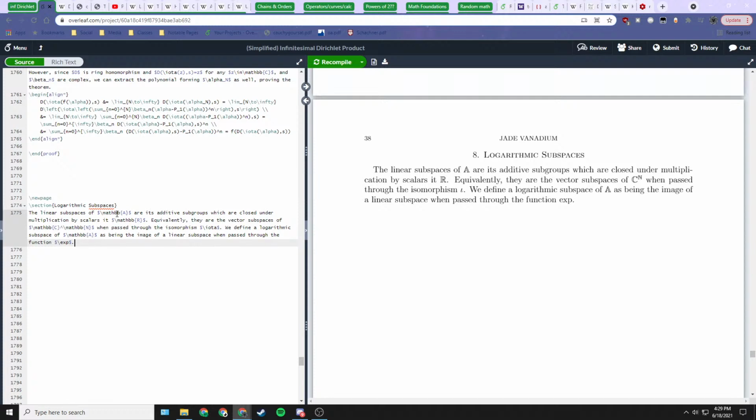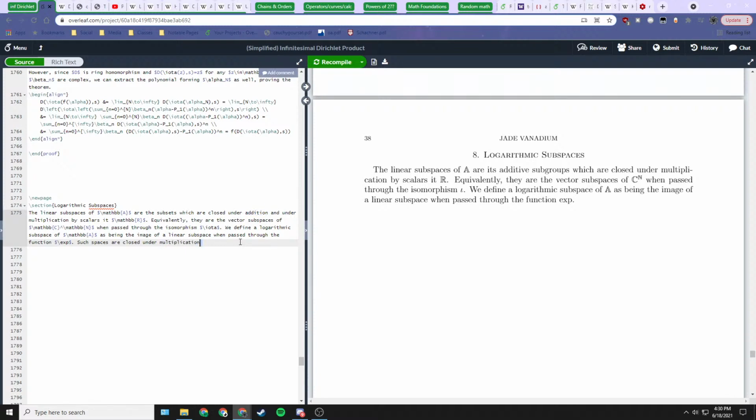Since a logarithmic subspace is just the image of a linear subspace through the natural exponential function, equivalently, in a similar sense, such spaces are closed under multiplication.